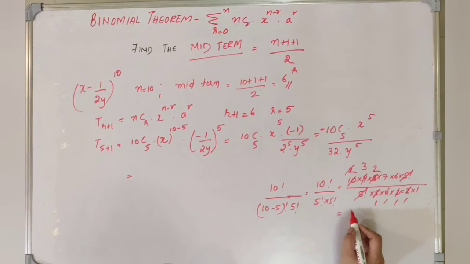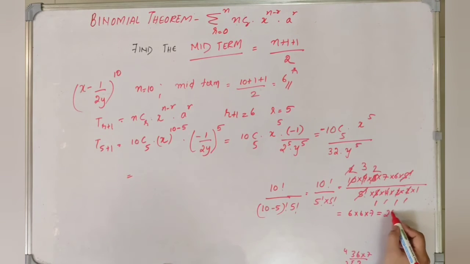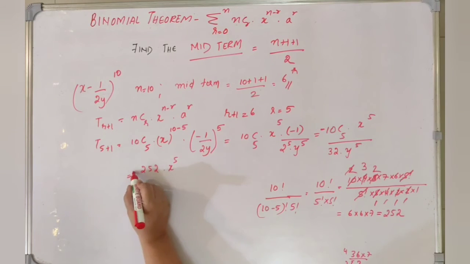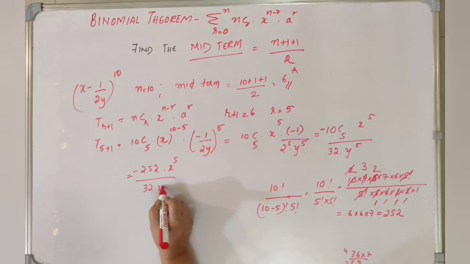So we finally have 3 into 2 into 7 into 6, that is 6 into 6 into 7, which is 252. We're going to get 252 into x to the power 5 over 32 into y to the power 5, with a minus sign.